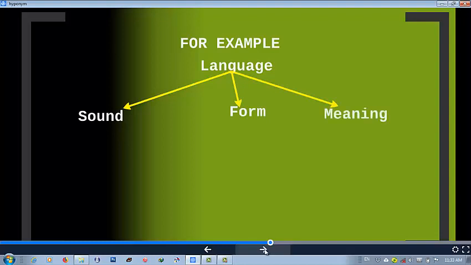In this one I pick four languages as an example, to give you a deep understanding of the part of the whole. The language is the whole thing, and meaning, form and sound are parts of language.